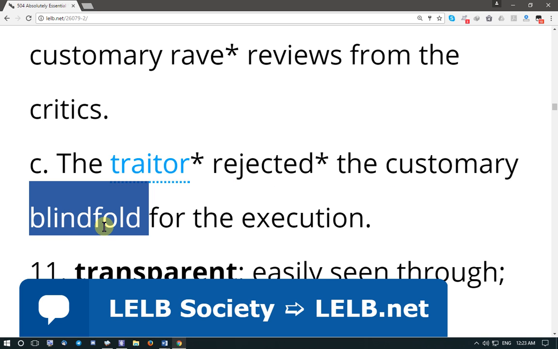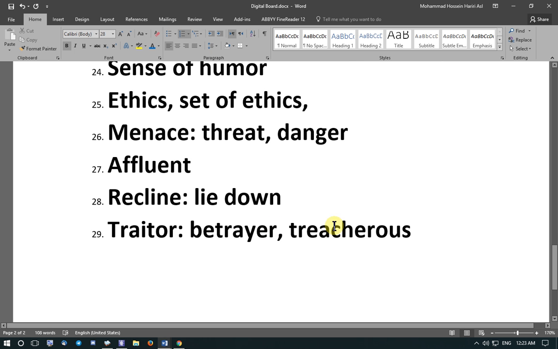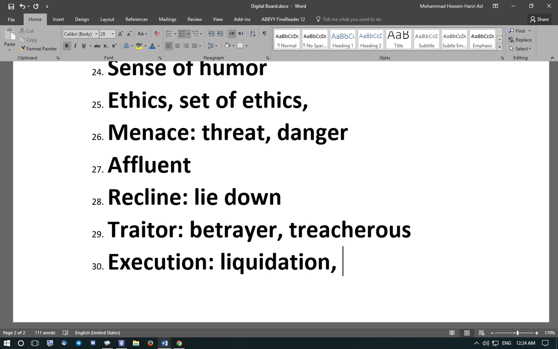blindfold. A blindfold is a piece of cloth with which the eyes of a person are kept closed during an activity, for example here, execution. Execution means killing a person, liquidation, capital punishment, the death penalty.